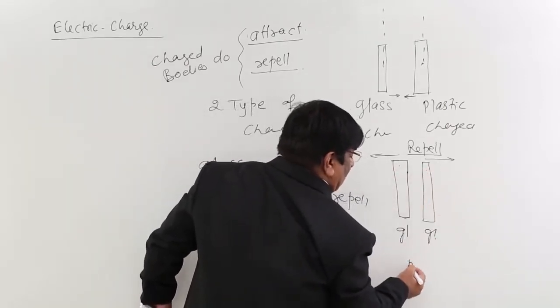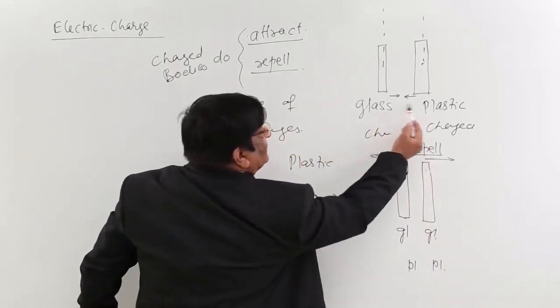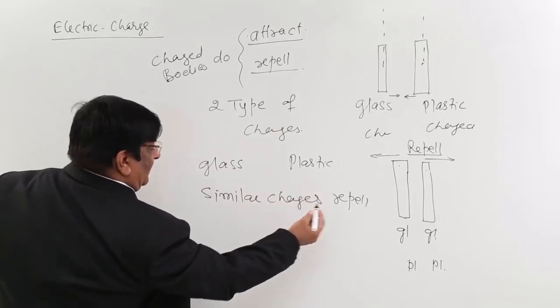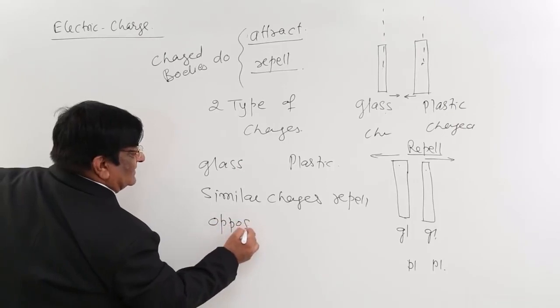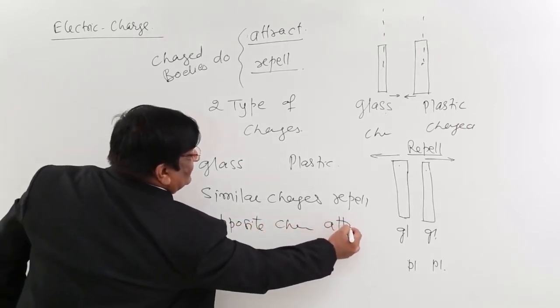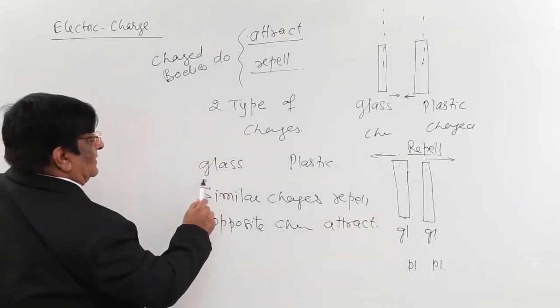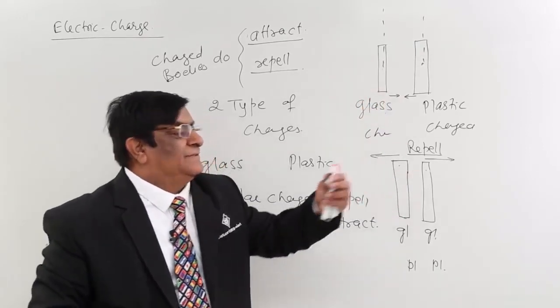If they are plastic, then they will also repel. But if they are glass and plastic, they will attract. So similar charges repel and opposite or dissimilar charges attract.